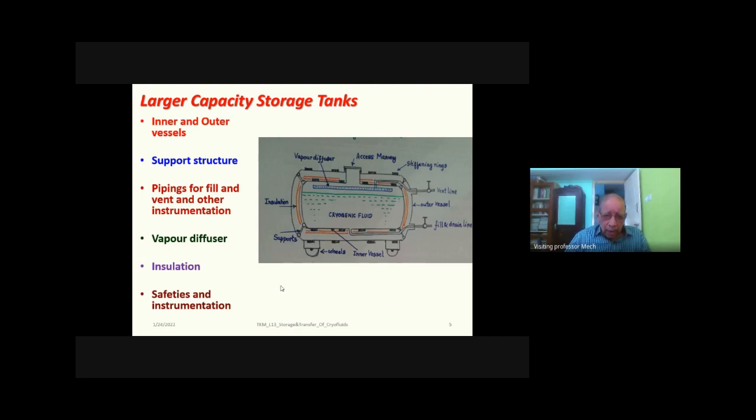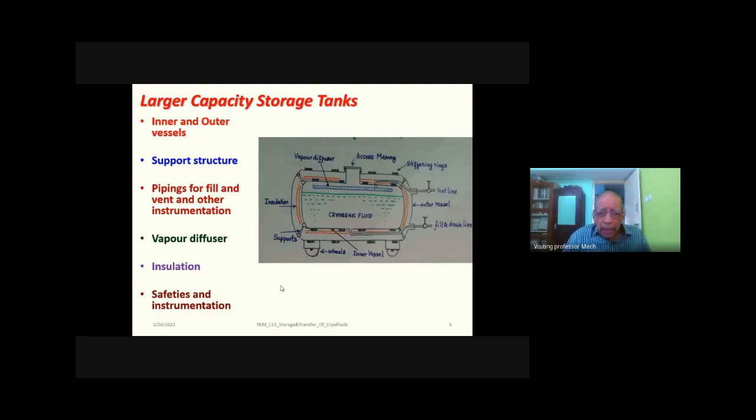First of all, it has an inner vessel and an outer vessel. Unlike the small size storage container, the inner vessel cannot be suspended from the neck of the outer vessel. You require special support arrangements so that the inner vessel gets supported within the outer vessel.